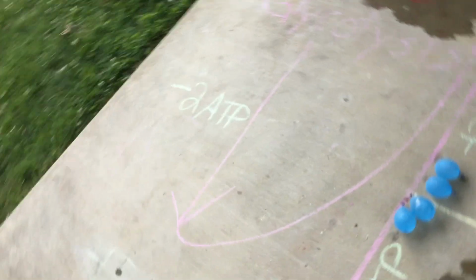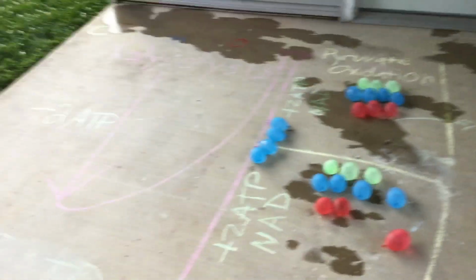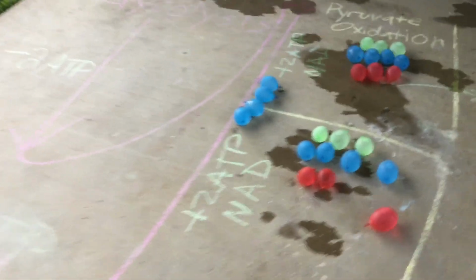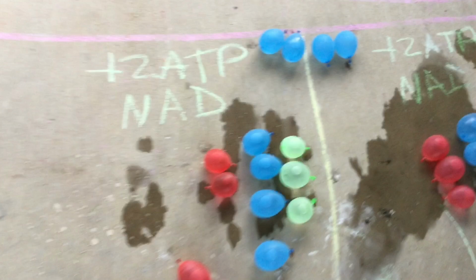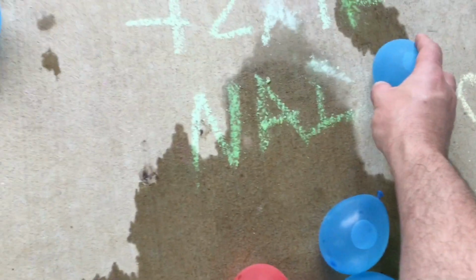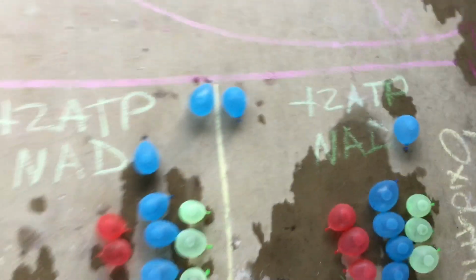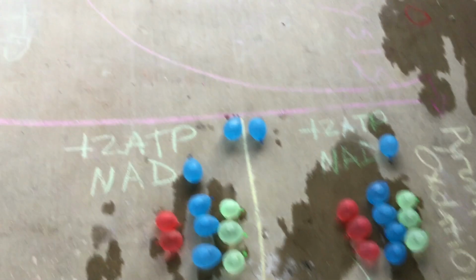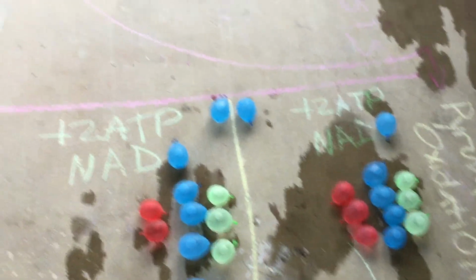So when we subtract the 2 from that, we end up with a net gain of 2 ATPs total. We also reduce NAD to NADH, so we're going to take one of those from each one. To NADHs. So that's where 2 of our extra H's go.